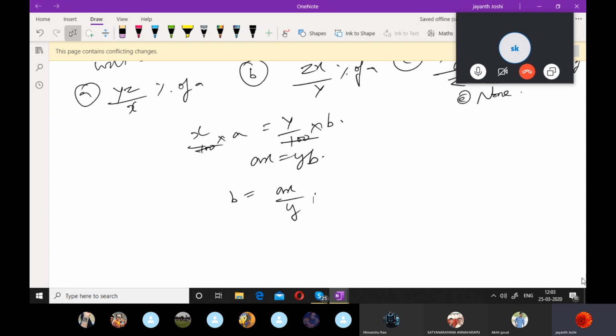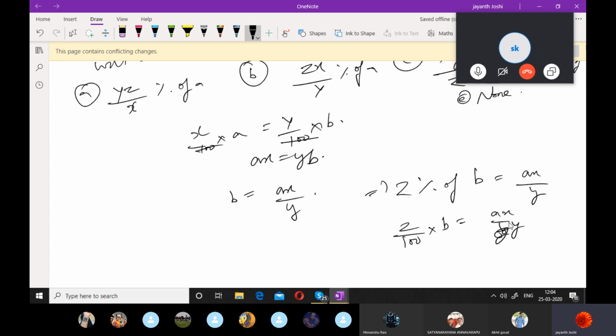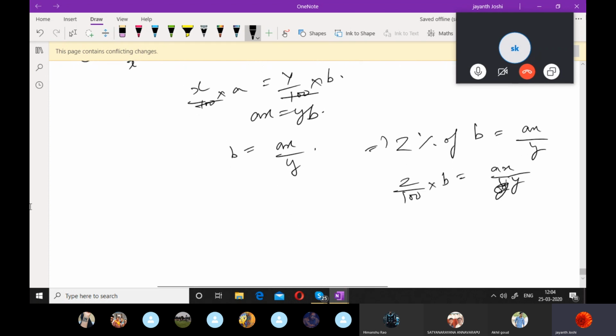Z% of B. This implies Z% of B is equal to AX by Y. Z by 100 into B is equal to AX by Y.